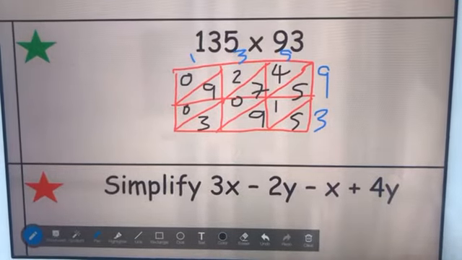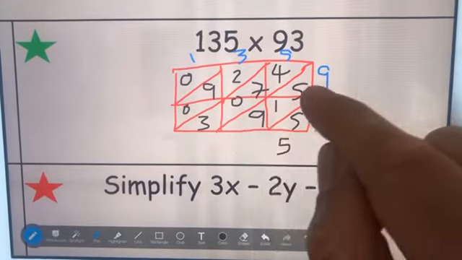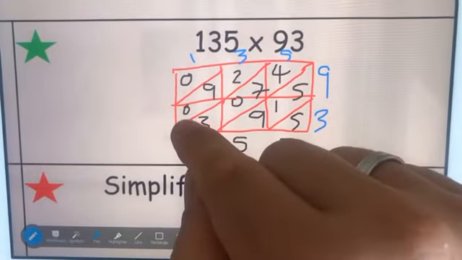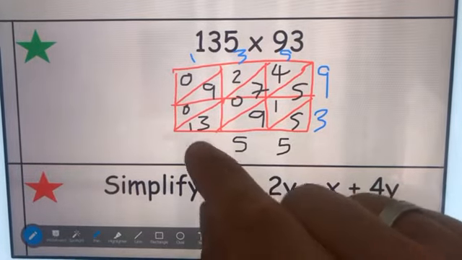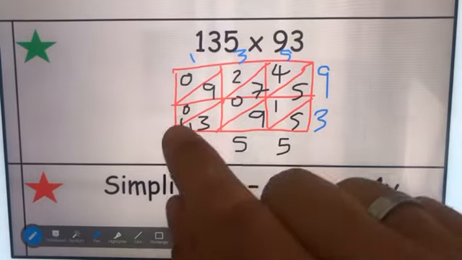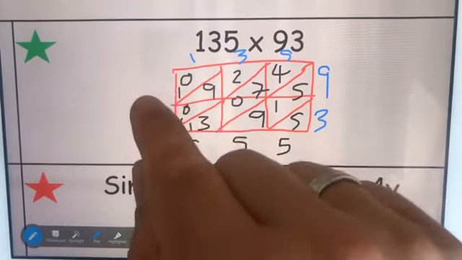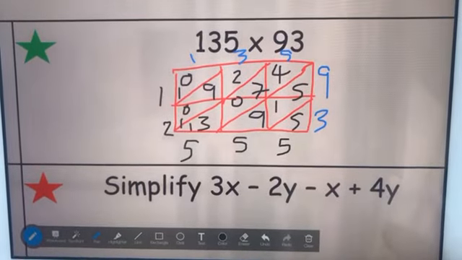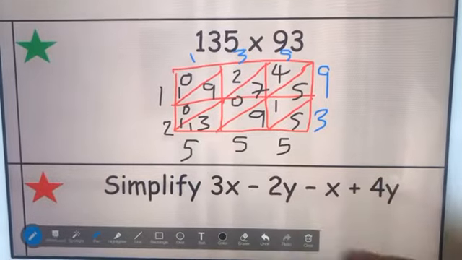You only have to know your times tables. First one is 5. Then I've got a 5, a 9, and a 1, which is 15: 5 and carry the 1. Then a 1, a 3, a 7, and a 4, which is 15 again. Then 9, a 1, a 2, and a 0, which makes 12. And then a 1 and a 0 is just 1. So my answer is 12,555.